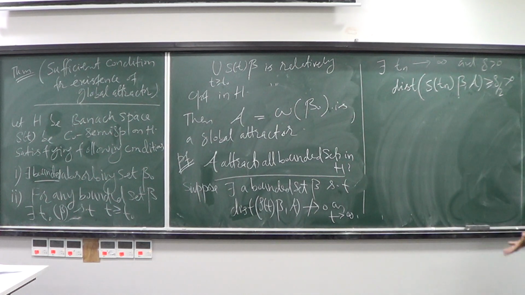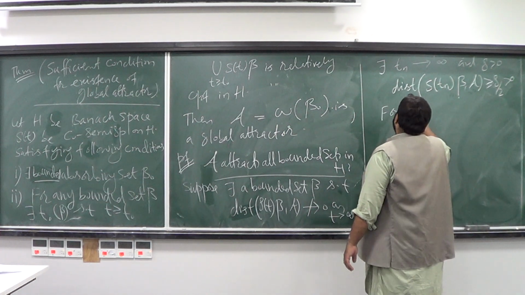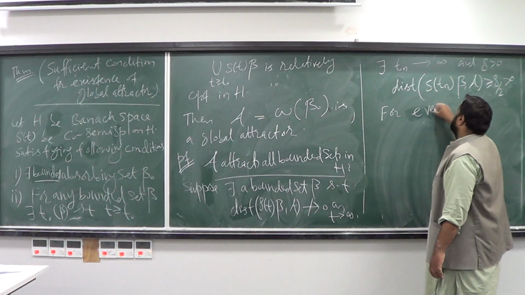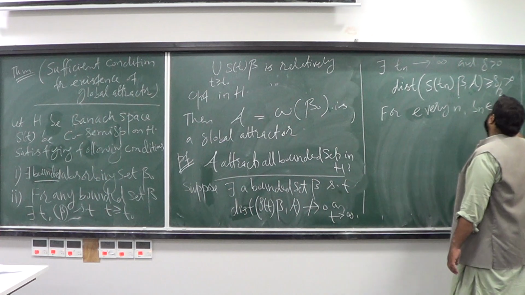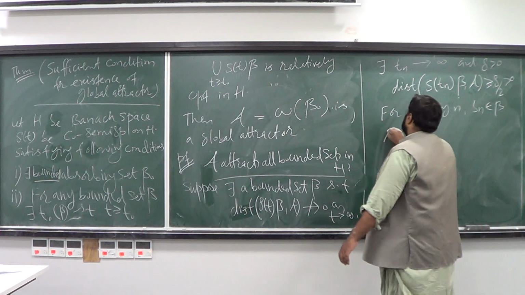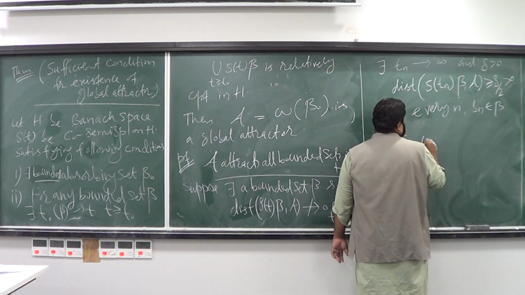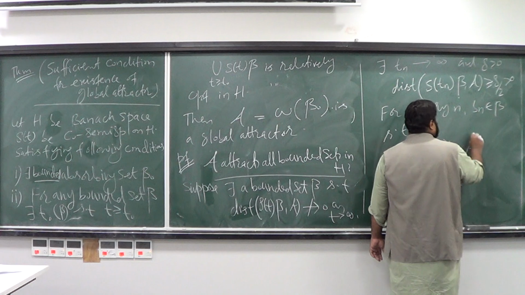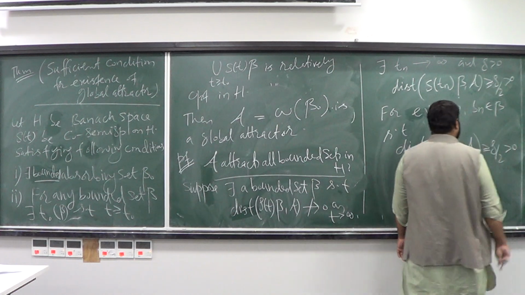And if this is the case, then we can also say that for every n, there is Bn in B such that the distance between S(tn) operated onto Bn and A is bigger than or equal to delta by 2.